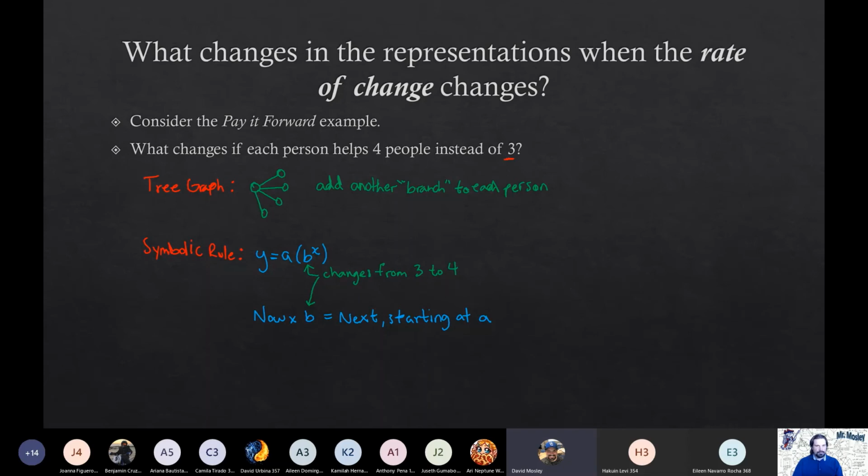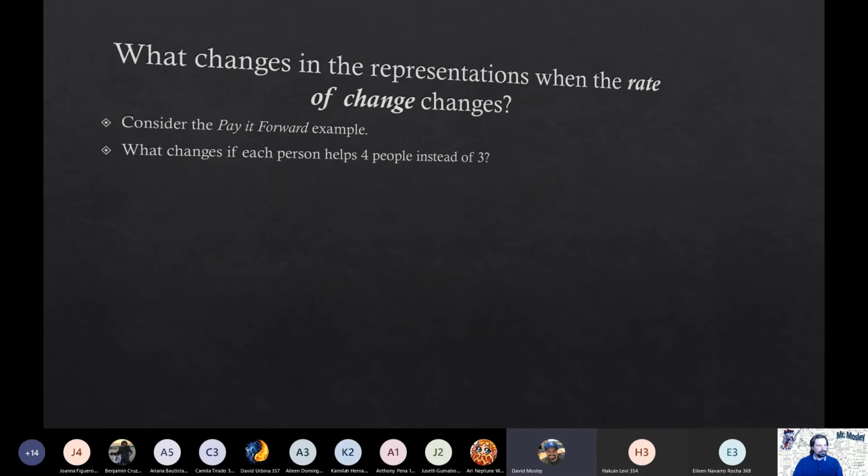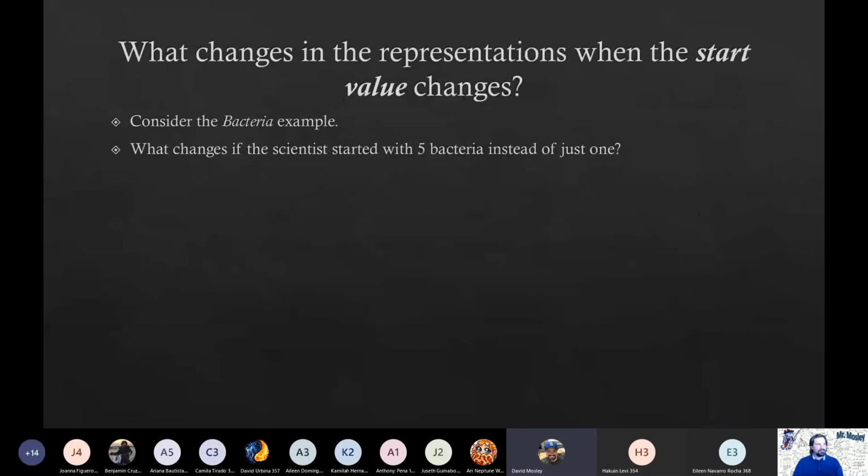Okay. So lastly, what changes in the representations when the start value changes? So it's considered the same two things. The tree graph, right?